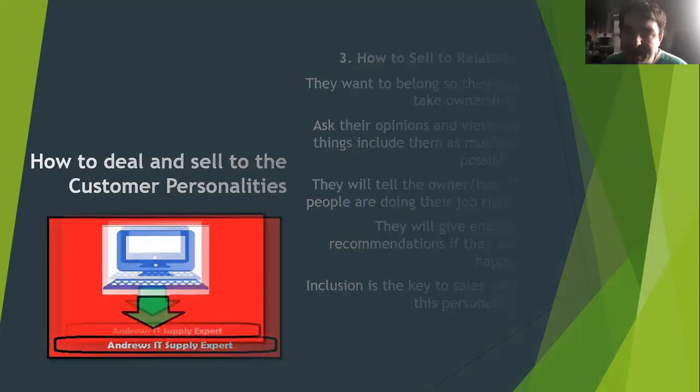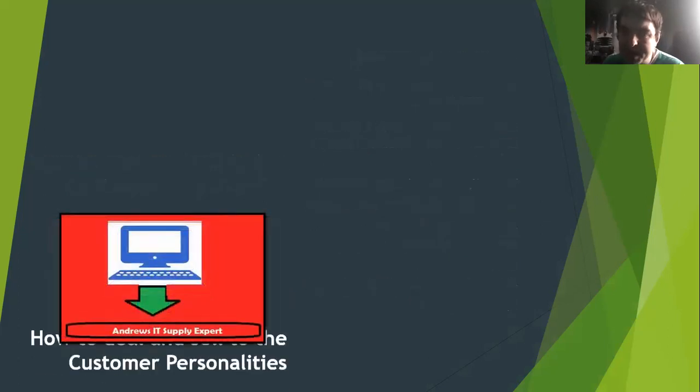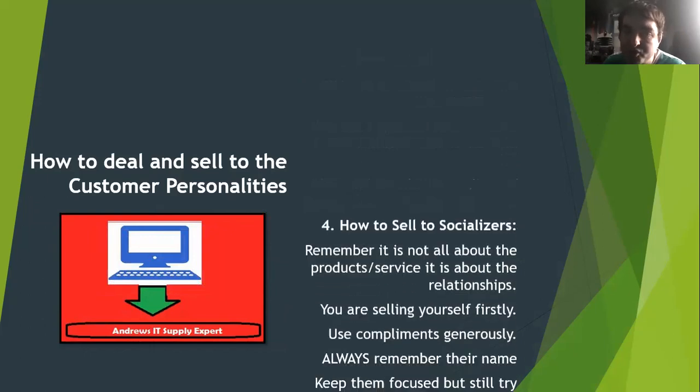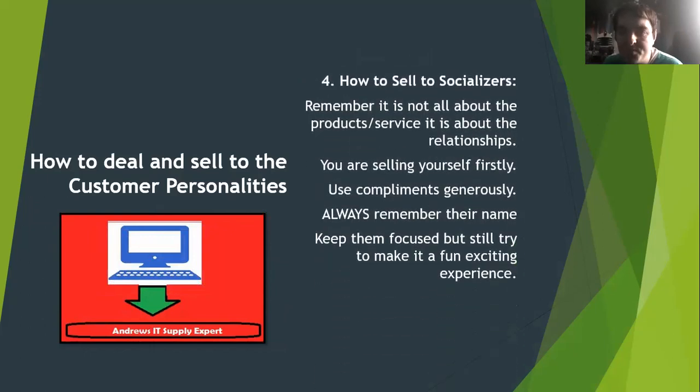Then the last customer personality is how to sell to the socializers. Remember, it is not all about the product and service. It is all about building relationships with the customers. You are selling yourself first. Use compliments generously and always remember their names.